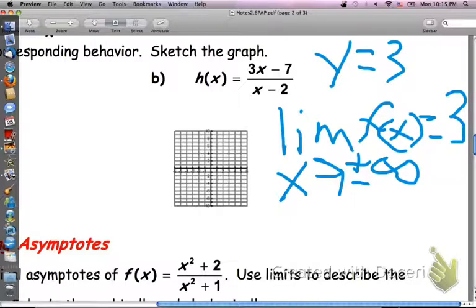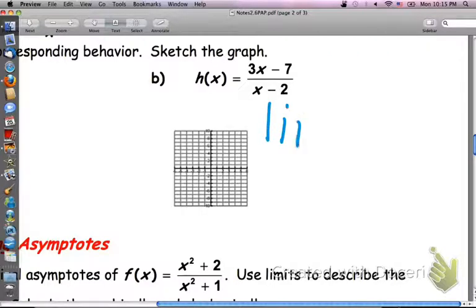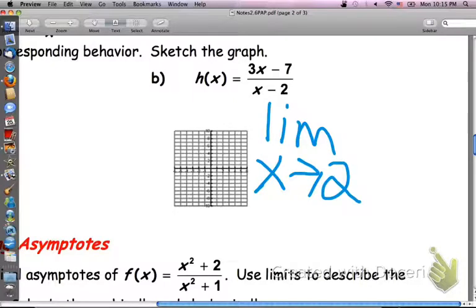Now let's study our limit at x equal to 2. So limit as x approaches 2 from the right, we write a plus sign. And f of x, so we just want to plug in values larger than 2.